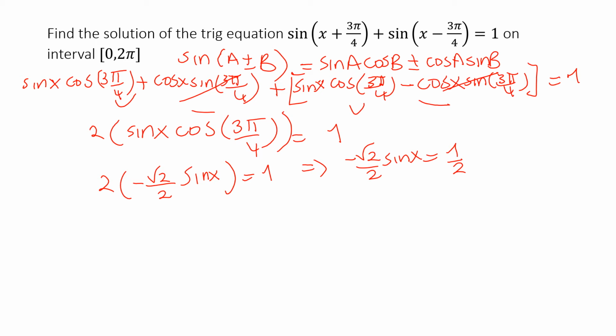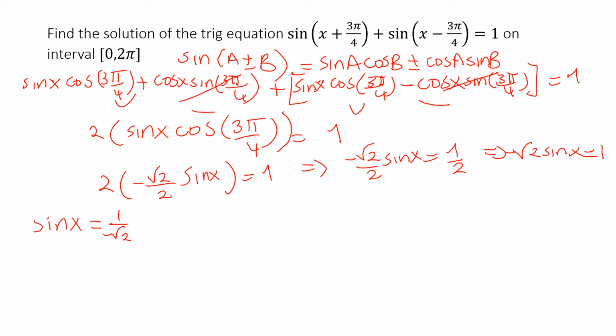We multiply both sides by 2, and we have negative root 2 sine x equals 1. And then sine x equals 1 over negative root 2.